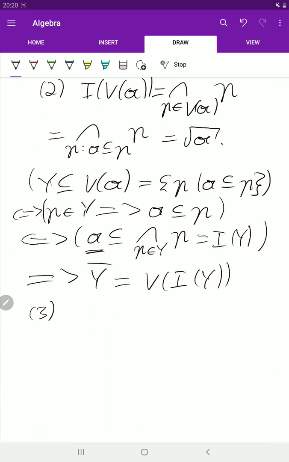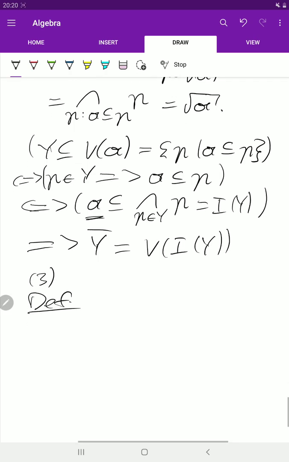Okay, now let me tell you at first what an irreducible space is.